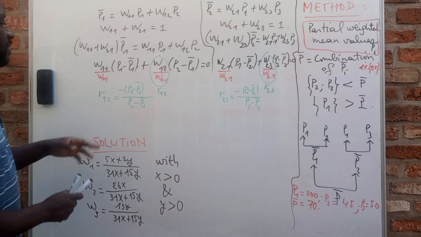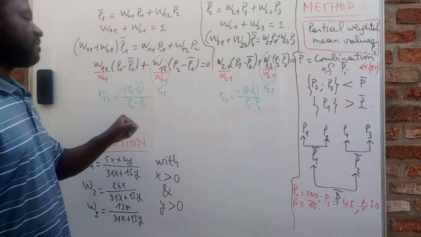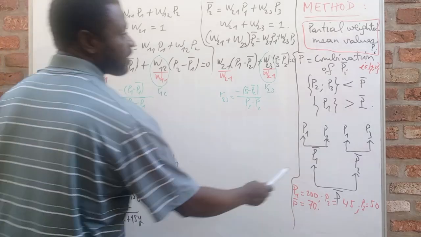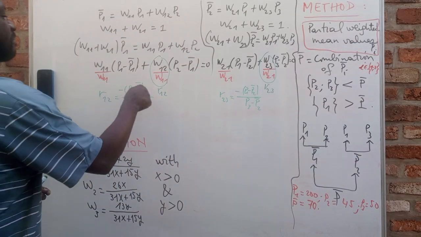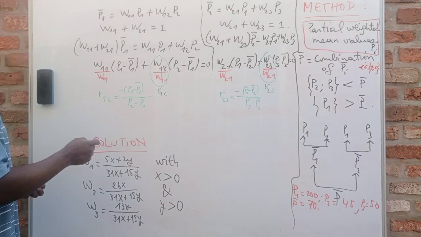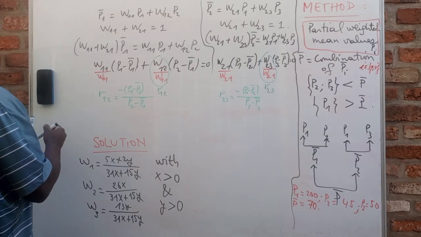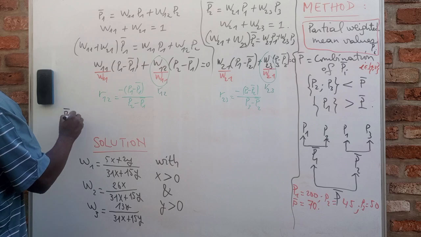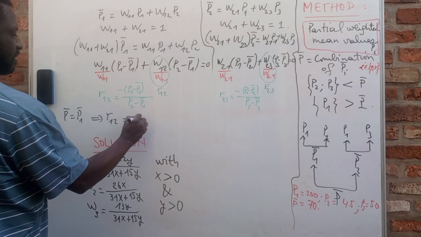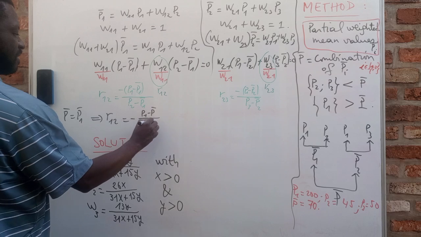But we don't know the value of these partial weights. We don't know them, but the overall mean value P bar can play the role of these partial ones because it represents them. This is the reason why we can substitute P bar for P1 bar, in order to get the first ratio as negative P1 minus P bar over P2 minus P bar.